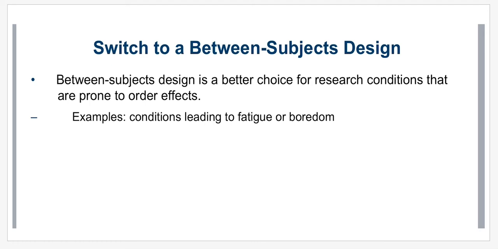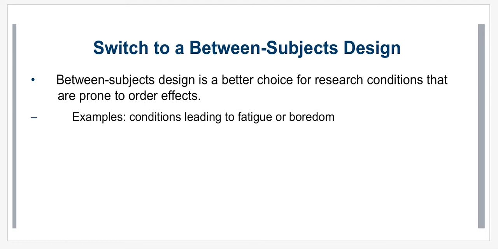Another example that your book talks about is the reading program. If you're implementing different reading programs that are teaching children to read, obviously you really can't do a within subjects design for that kind of variable, because once you teach them to read, you can't erase their memories and get them back to the state where they didn't know how to read and then try the other reading program on those same students.